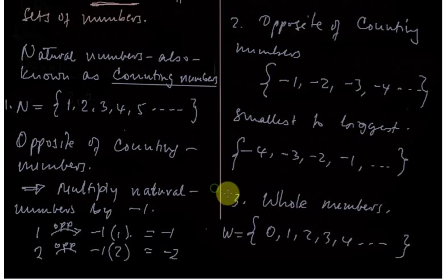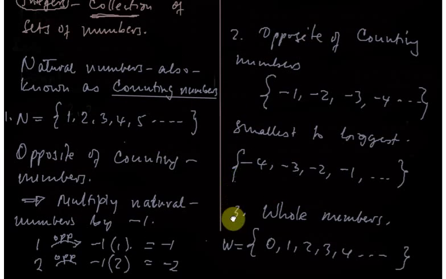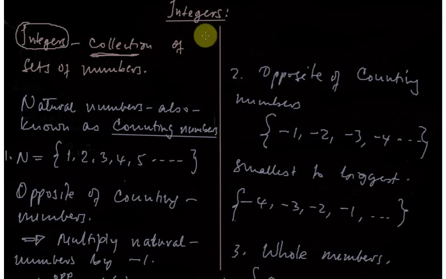So these three sets make integers: a set of counting numbers and their opposite, and then whole numbers. Now they make integers, and integers are denoted by Z. This is the symbol which denotes integers. If you see this in mathematics, we know that we talk about integers.